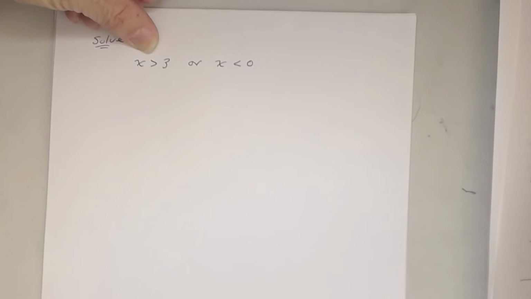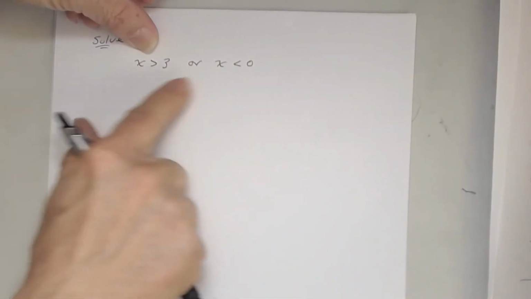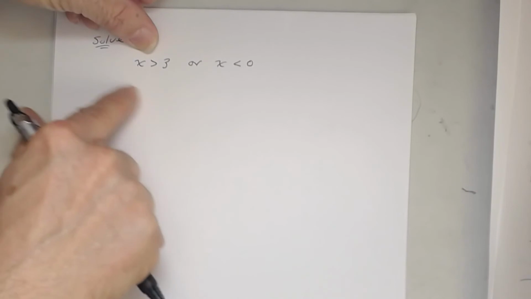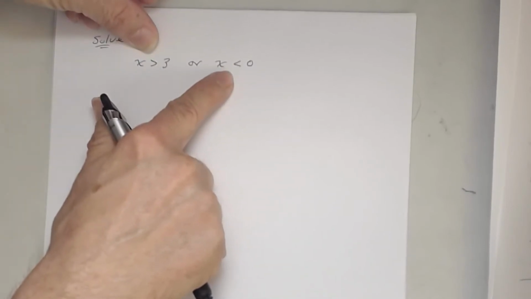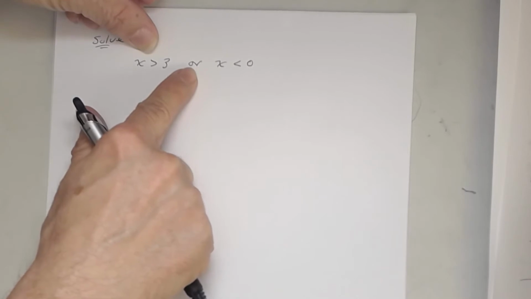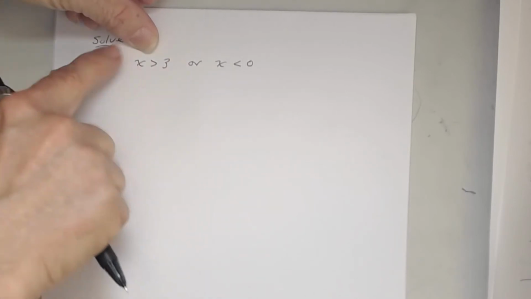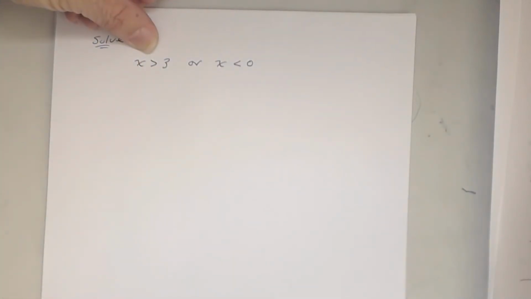So if it satisfies either one, then it is a solution. If that was an and statement, would 5 work? No. 5 would not work because 5 only satisfies this one. Does 5 satisfy this one? No. So if this was an and statement, 5 would not be a solution. Since this is an or statement, it just has to satisfy how many of them? At least how many? One. An and statement has to satisfy how many of them?